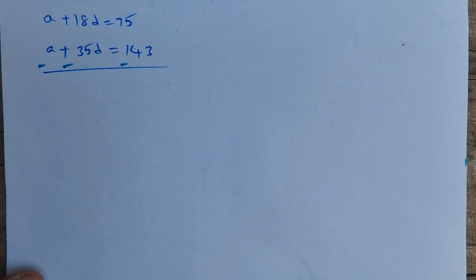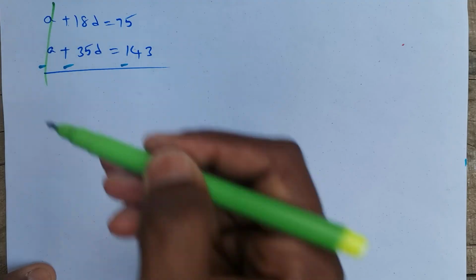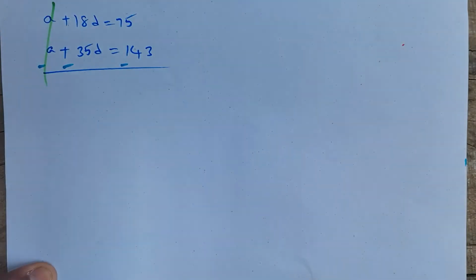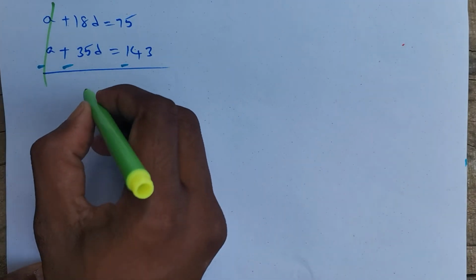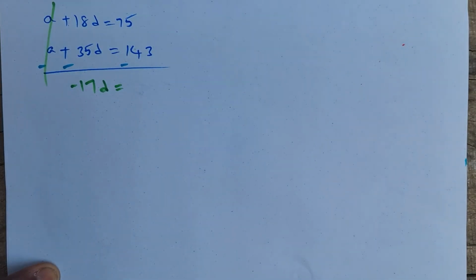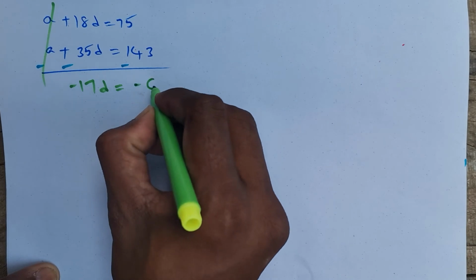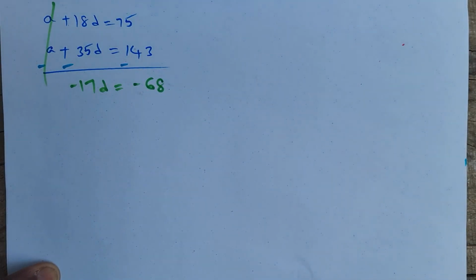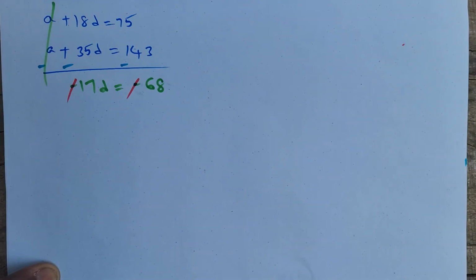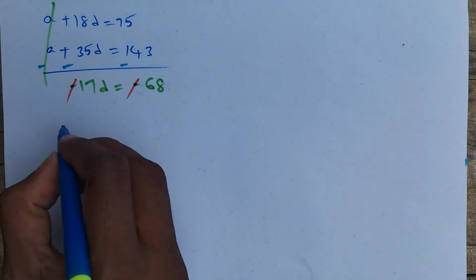So A minus A both will get cancelled. 18D minus 35D, minus 17D, is equals to 75 minus 143, minus 68. So both the sides minus minus will get cancelled. So we remain with 17D is equals to 68.